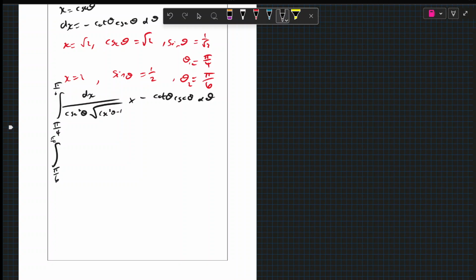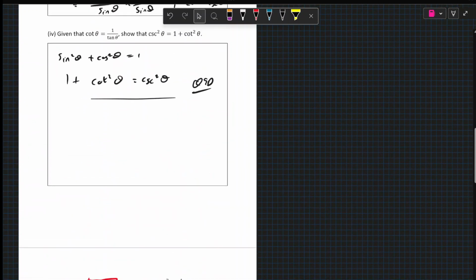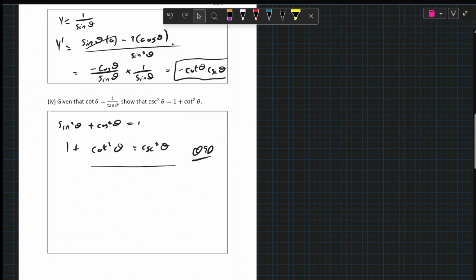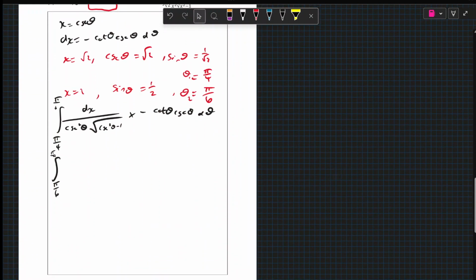Now, cosec squared theta minus 1 we can write as cot squared, because if you move the 1 over, we get that cot squared theta is cosec squared theta minus 1. So this is dx all over cosec squared theta times cosec squared theta minus 1.